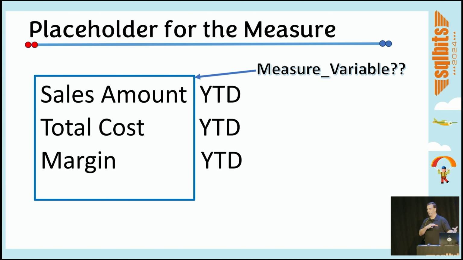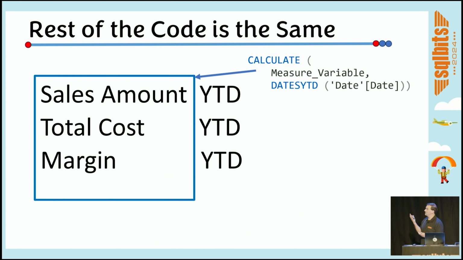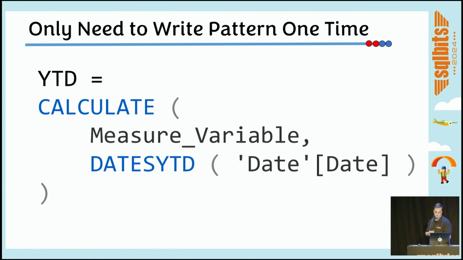But that doesn't work with how we're doing this. So we need something else. Because the rest of the code is exactly the same. It's just that variable. So if we had a method where we could keep the pattern and just insert the measure we need, our life would be a lot more simple as a developer.